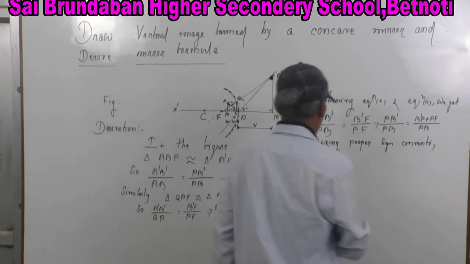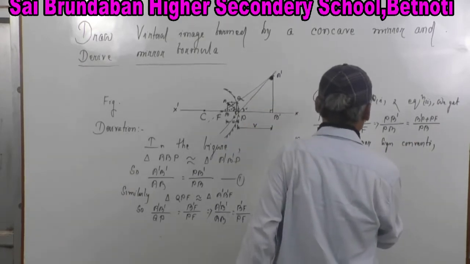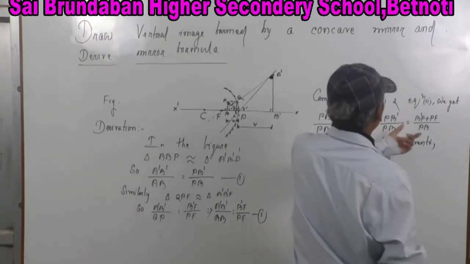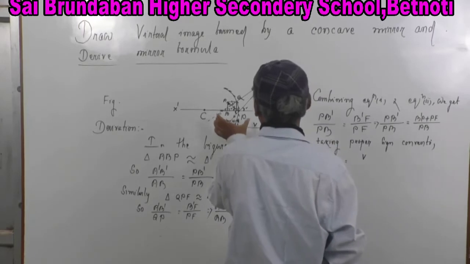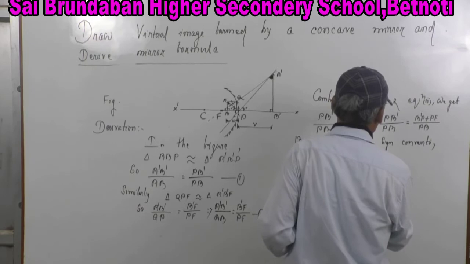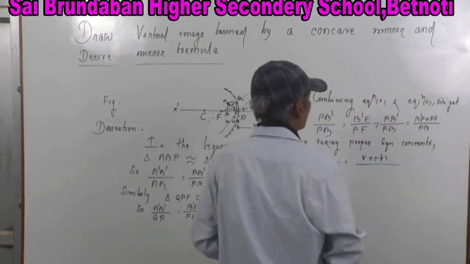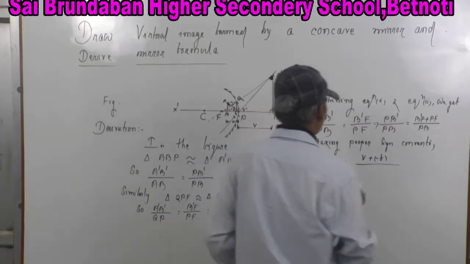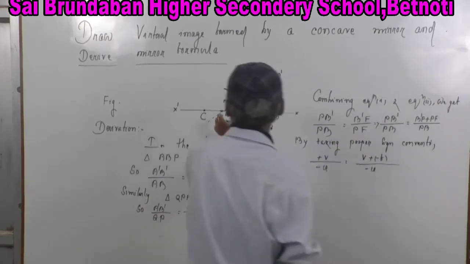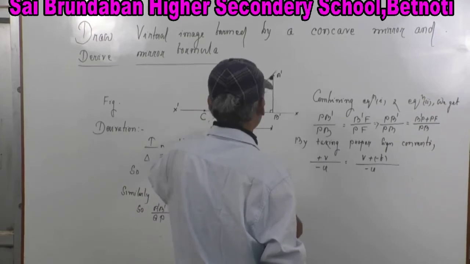Plus B dash by minus U. B dash P, B dash P plus PF, plus minus F, whole divided by PB, means minus U. PB is minus U because it is measured along the negative x-axis.